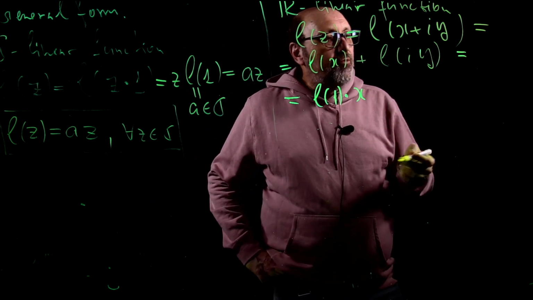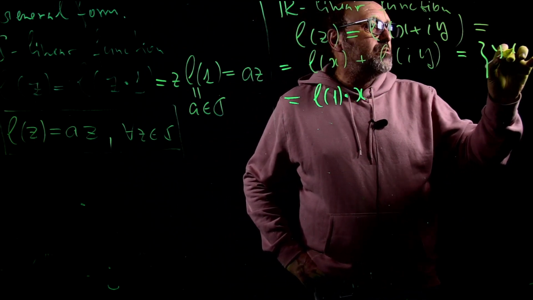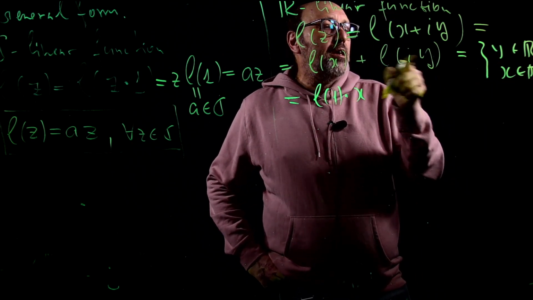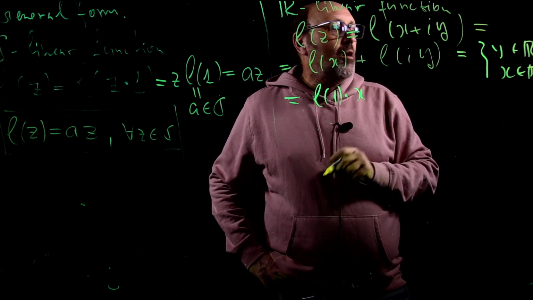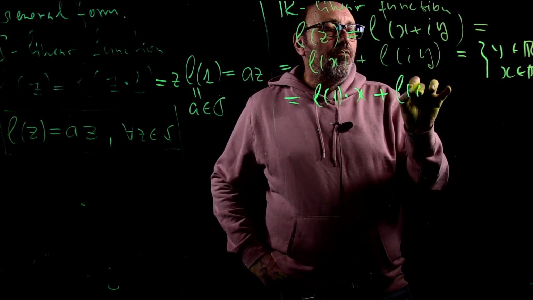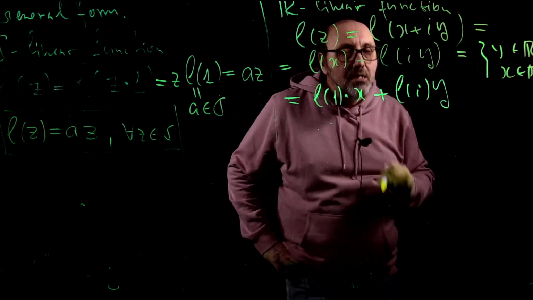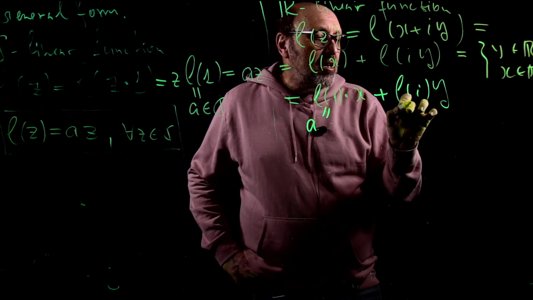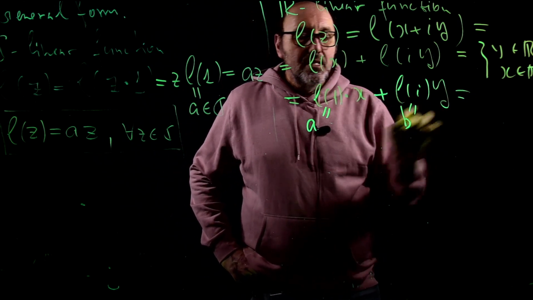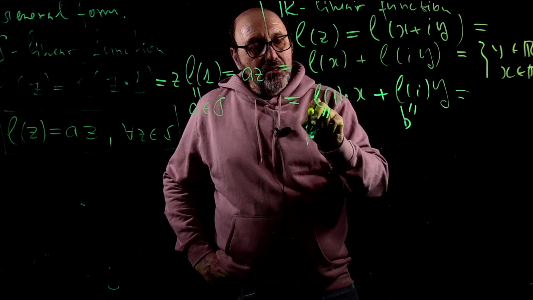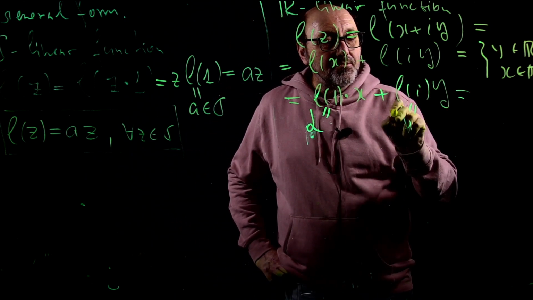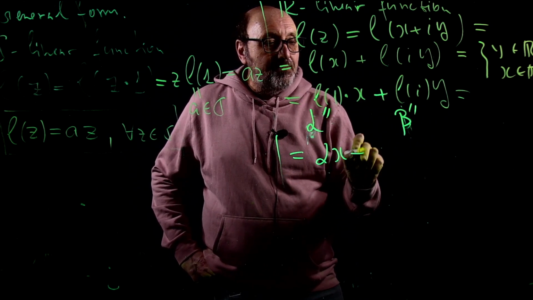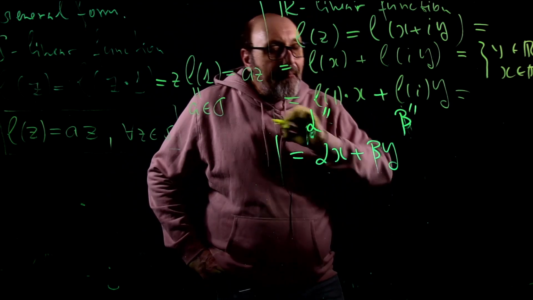And here we use the fact that y is real, and x too, and our form is real. So the factor y we can put before our form. So we can write L of i multiplied by y. Now if we denote L of 1 by alpha and L of i by beta, we obtain alpha x plus beta y.